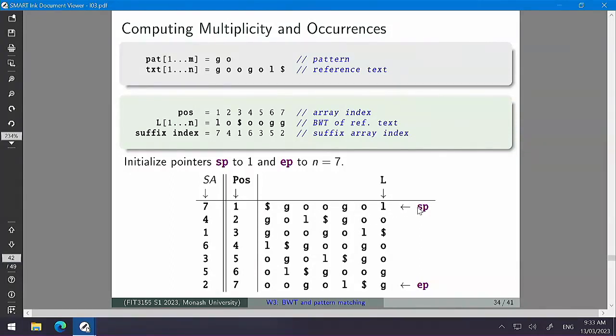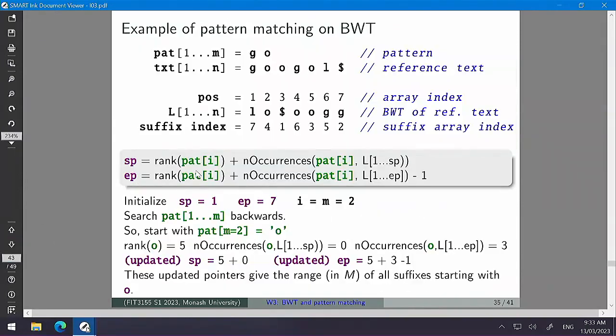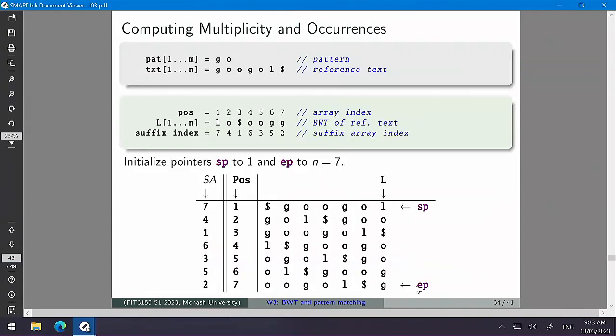Now, what is the next rule? How do I update the endpoint? Rank of O plus the number of occurrences of O from 1 all the way to the current endpoint, inclusive, minus 1. Remember, the rank of O, because I'm searching backwards, is 5, plus the number of times I've seen an O from the first position to the current endpoint, inclusive.